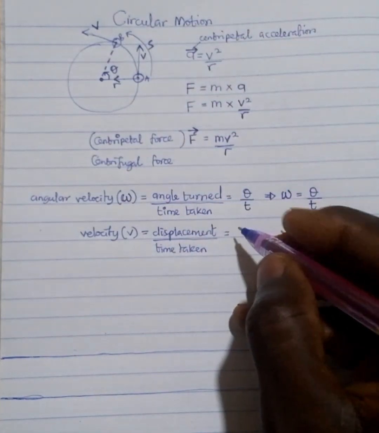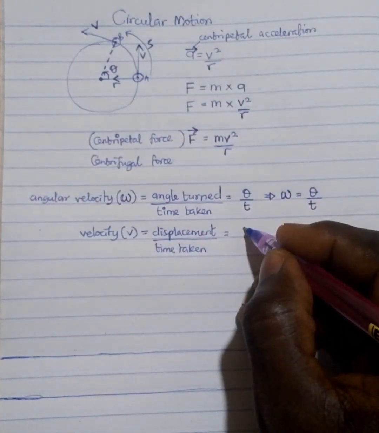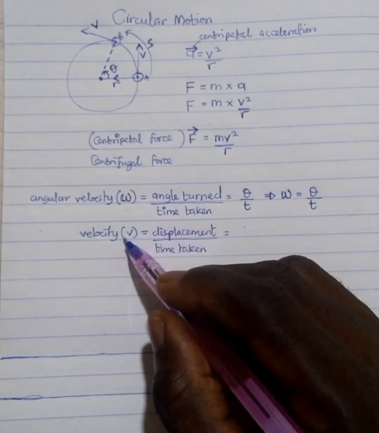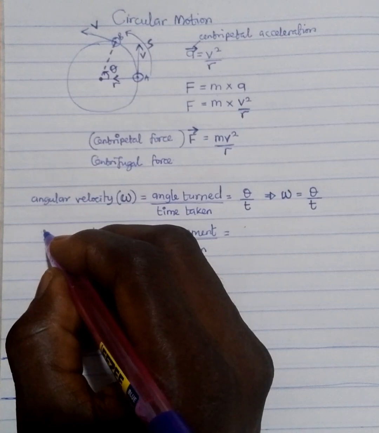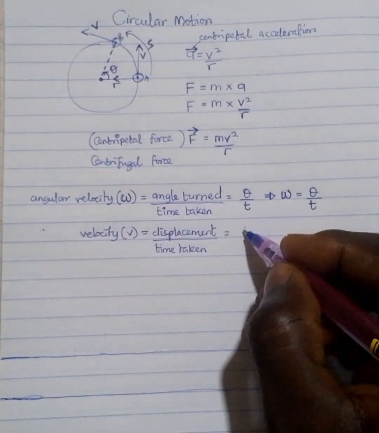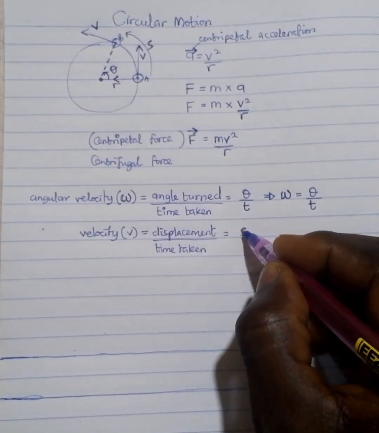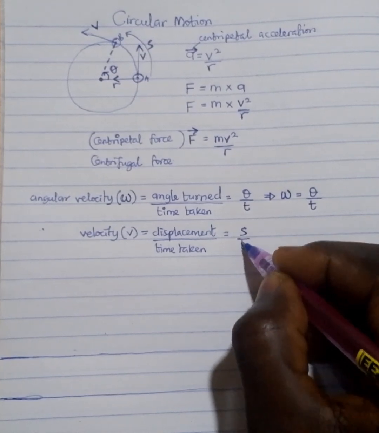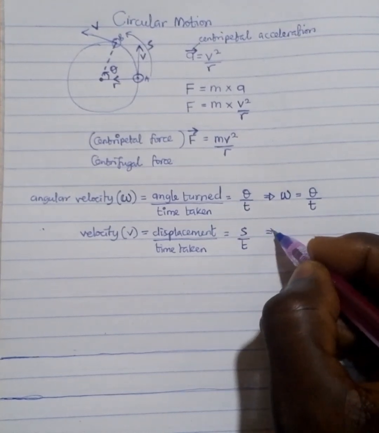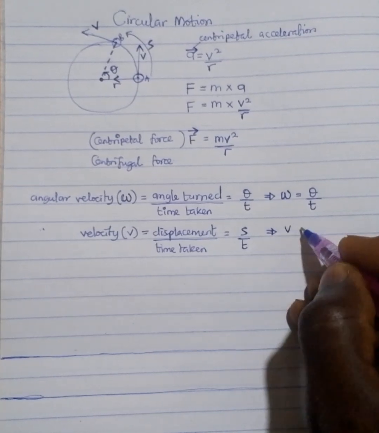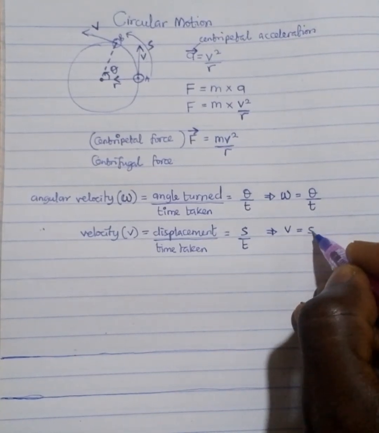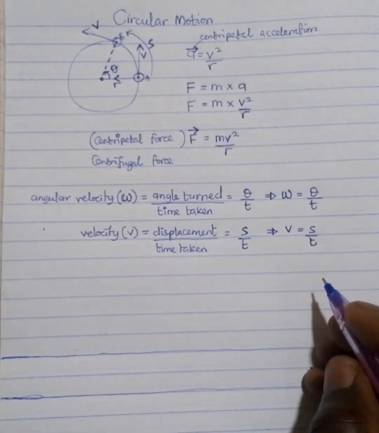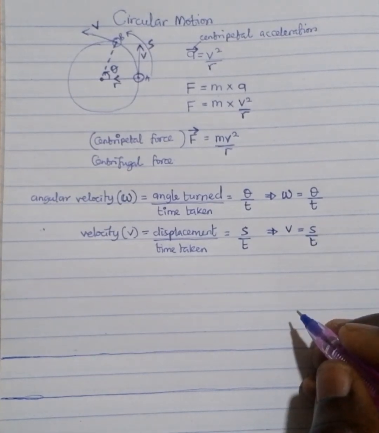In that case, my linear velocity v is equal to s divided by t. All right, we are good to go.